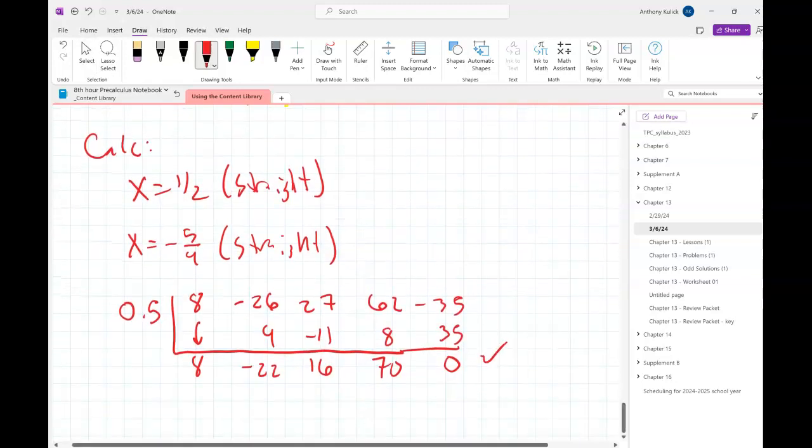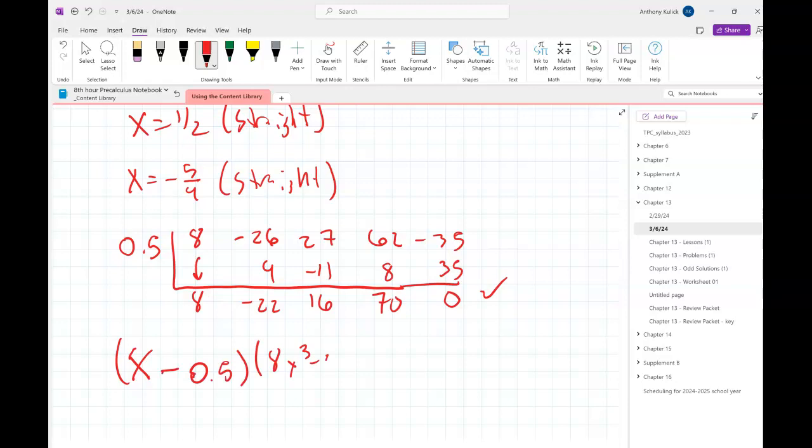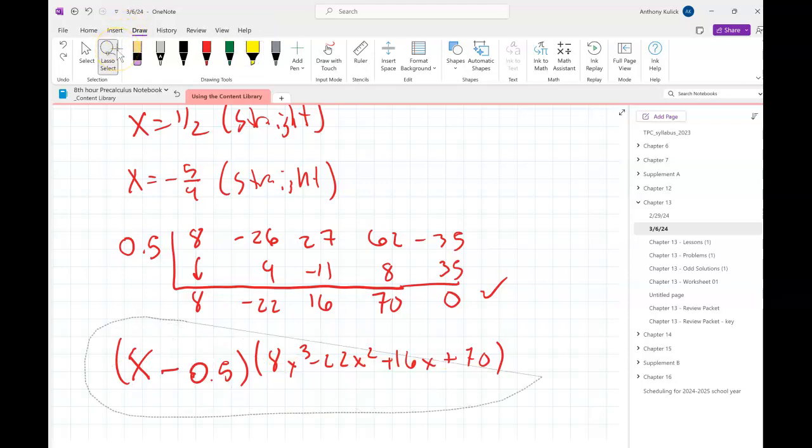So I have x minus 1/2 times 8x cubed minus 22x squared plus 16x plus 70. Oh, what happens here? Do I know how to solve that? No. What are we going to have to do then? We're going to have to do a second synthetic division.